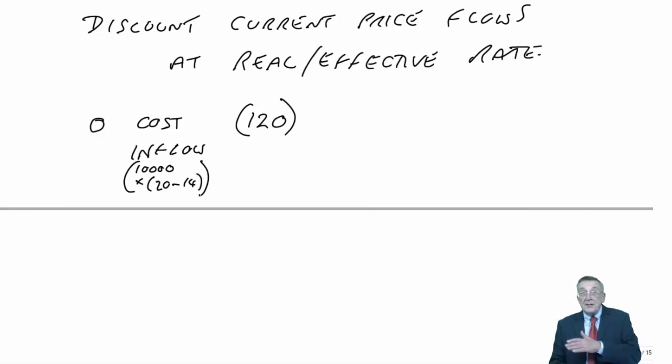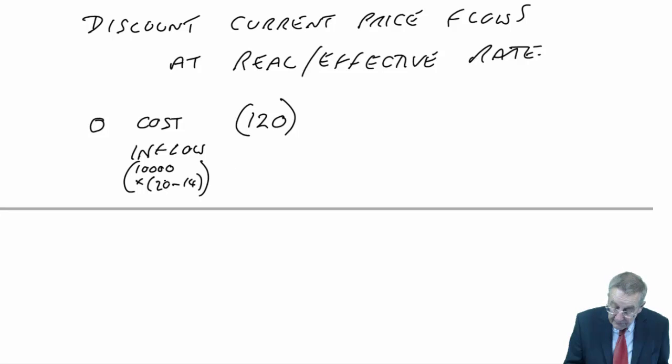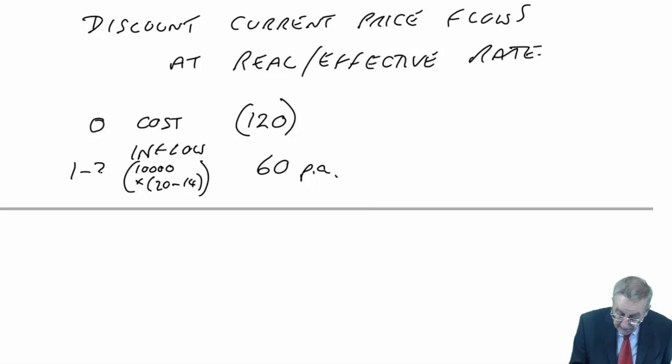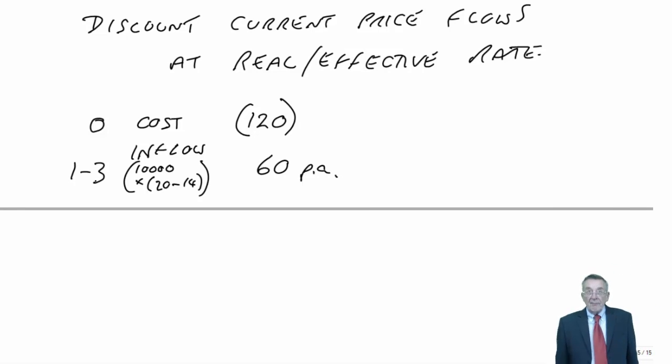And so at current prices, ignoring inflation completely, that would be, if I keep in thousands, 60,000, 60 per annum. And it was for 3 years. So ignoring the inflation, here we happen to have a nice annuity.